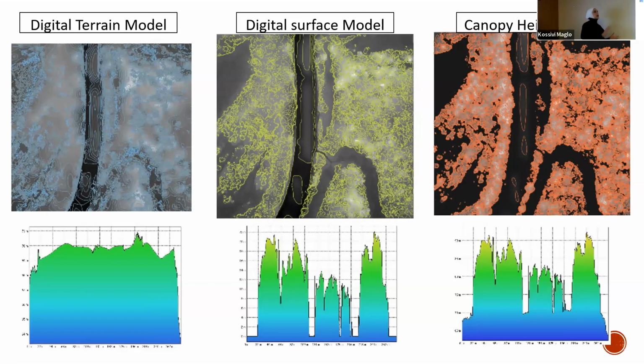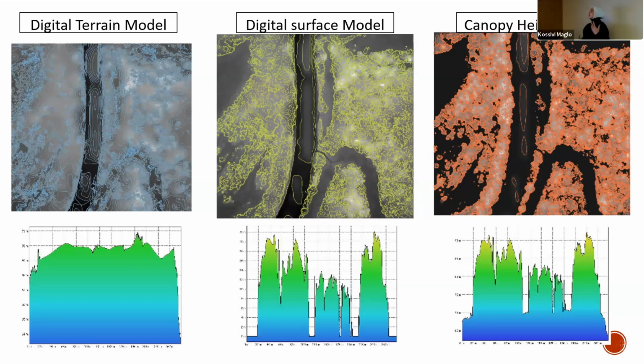This image, this tracer image, we processed it in QGIS in order to get the digital terrain model, digital surface model, and the canopy height model. The digital terrain model is basically used for the bare earth terrain by excluding the above ground objects.